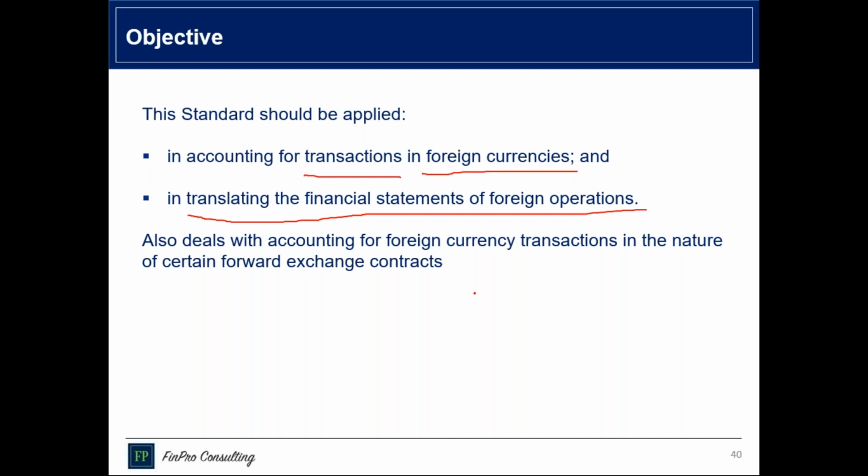Such scenarios are covered by a separate guidance note on derivative contracts issued by the Institute of Chartered Accountants of India. So we need to be absolutely sure that if there are underlying assets and liabilities on which forward covers are taken, then only it will be a part of AS 11. Otherwise, it will form a part of the guidance note on derivative contracts.